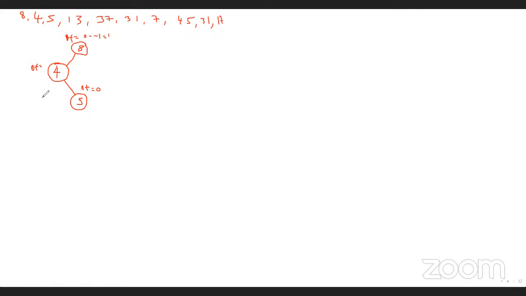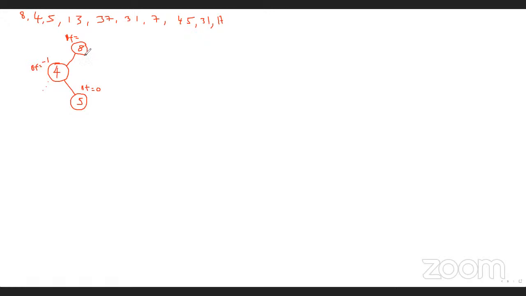Why? The left-hand side is -1, and the height of 5 is 0. So -1 minus 0 is -1. So here, the balance factor is -1. But what is the balance factor now at 8?